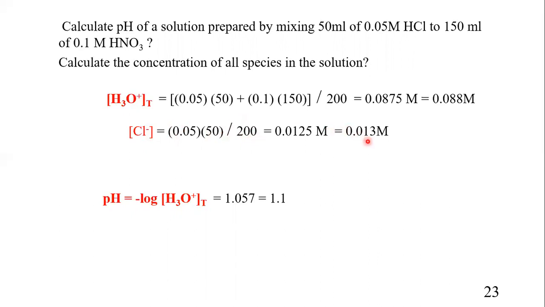So that gives me its concentration, and the concentration of the nitrate will be the concentration of nitric acid, 0.1, times the volume of that acid, 150, divided by total volume. That gives me the concentration of the NO3-.